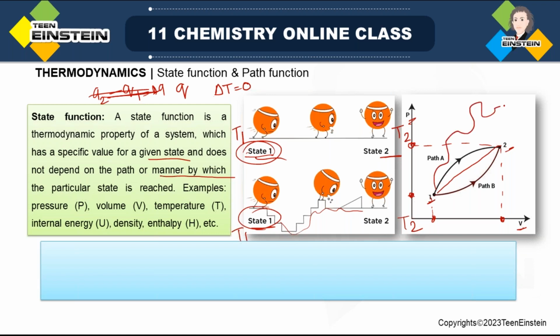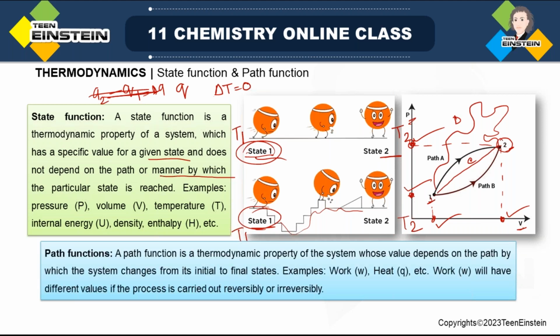Suppose this is path C, this is path D, whatever you follow, the point is you are reaching where the value of P and the volume are these. But when you are at state 1, you have this pressure and this volume. So in this way, you can understand this is a state function.